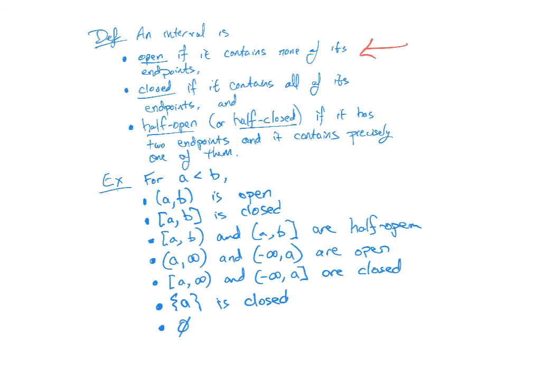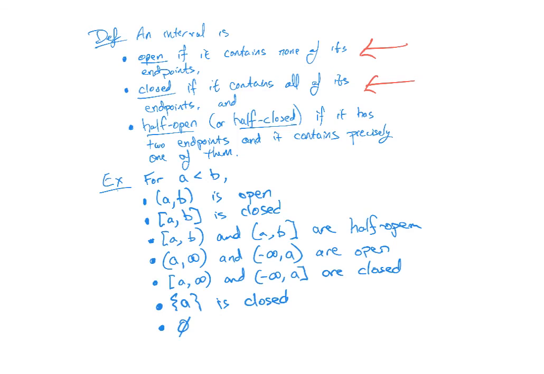Ask yourself, is the empty set open? Yes. Right? It doesn't contain anything, so it certainly doesn't contain its endpoints, whatever they would be. Now, is the empty set closed? Yes.